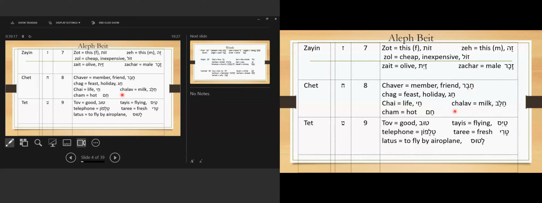Haga'a is arrival. Arrival. I arrive. Ani haga'a. I arrive. It's my arrival. Horim are parents. My father and my mother are my horim. My father, my Av, and my Ima, they are my Horim.